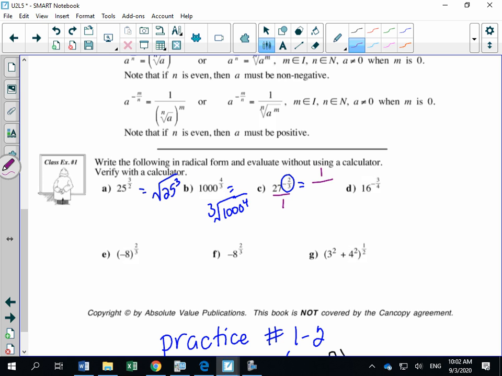So that would be 1 over 27 to the 2 over 3. So negative 2/3 is just 2/3 when you write it in the denominator. From here, we're going to say that's 1 over the third root of 27 squared. Okay. Same with D. Pause the video, see if you could write D.